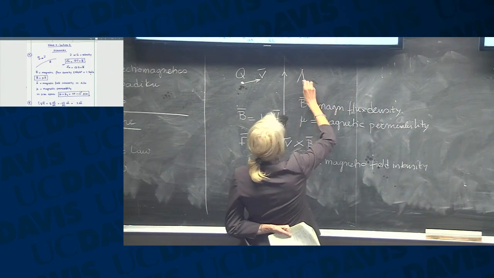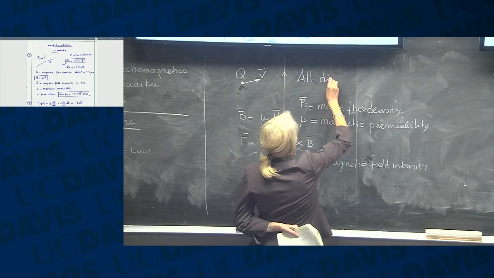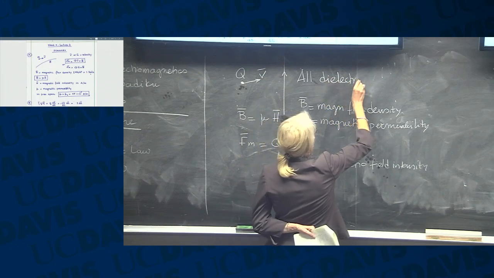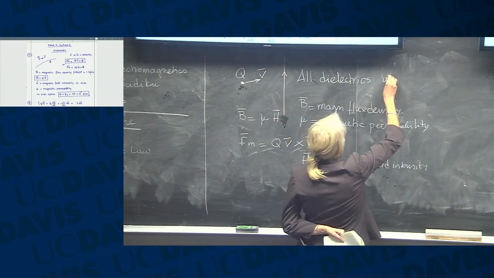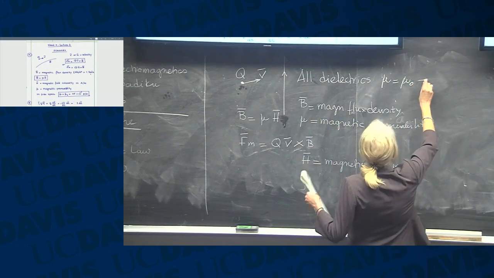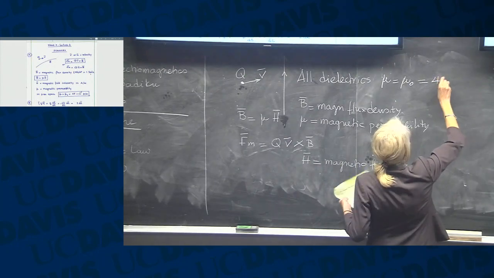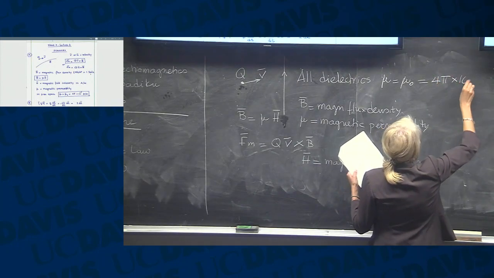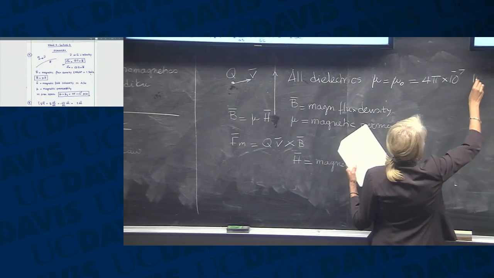So all dielectrics have a mu which is equal to mu of free space, and that is equal to 4 pi 10 to minus 7 Henry per meter.